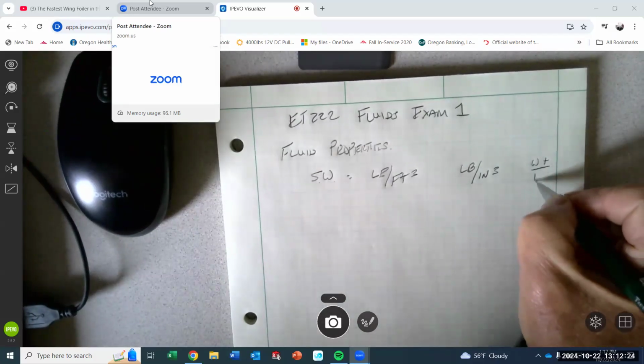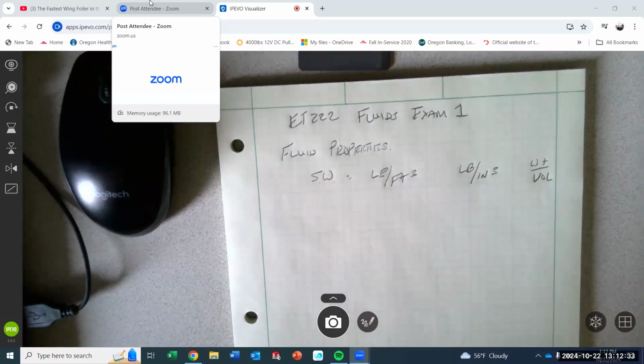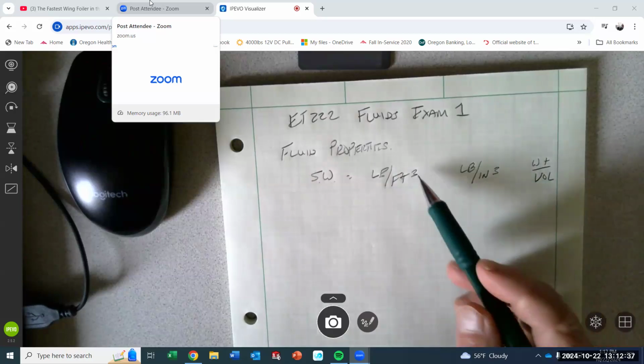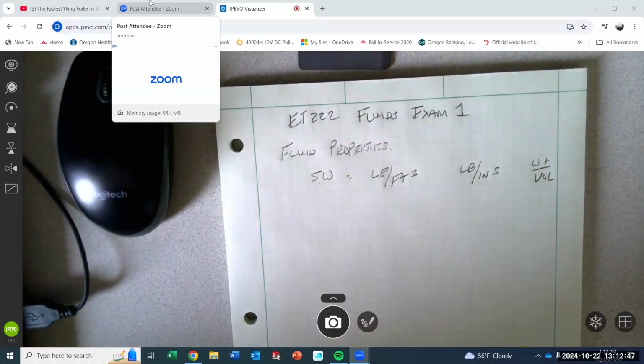Weight per volume. So be careful on the exam to pay close attention to the units that I ask for, whether that is inches cubed, feet cubed, pounds, newtons, meters, whatever's being asked for, make sure you give it to me in that same unit.